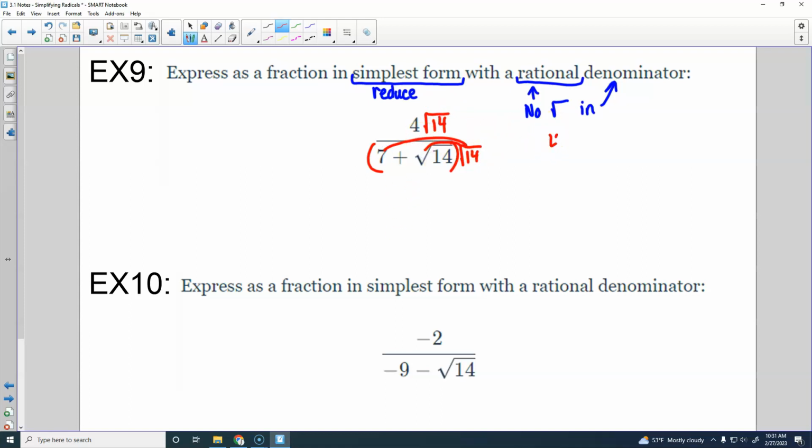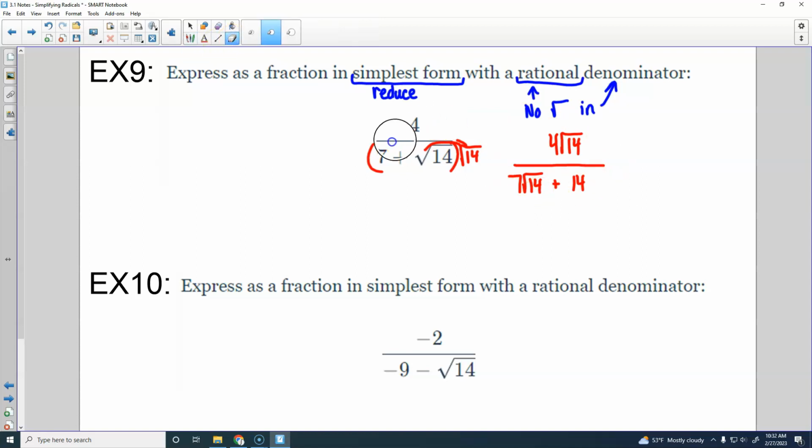So I would get 4 square root of 14 over here. I'd have to have 7 square root of 14 plus 14. It would get rid of this square root, but it would put 1 over here. So it would not get the square root out of the bottom completely.